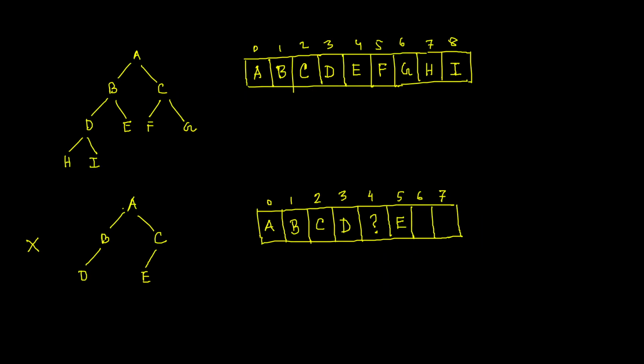A heap tree can generally be of two types. One we call max heap and another we call min heap.